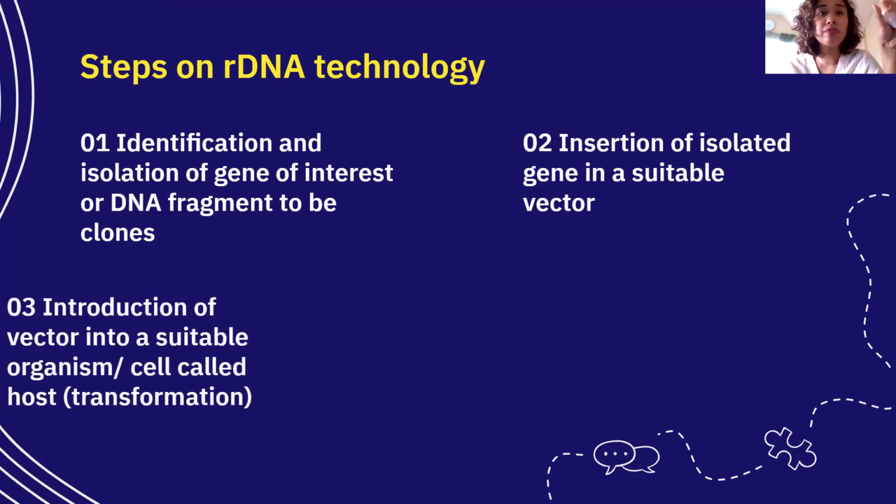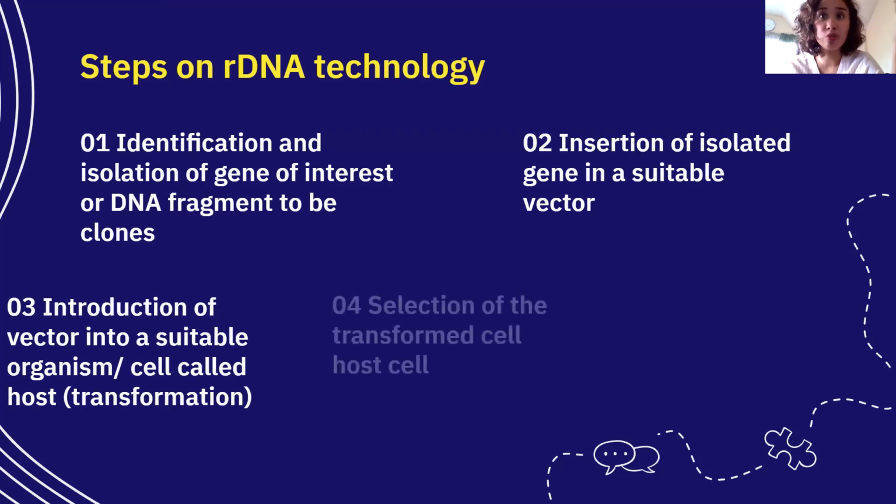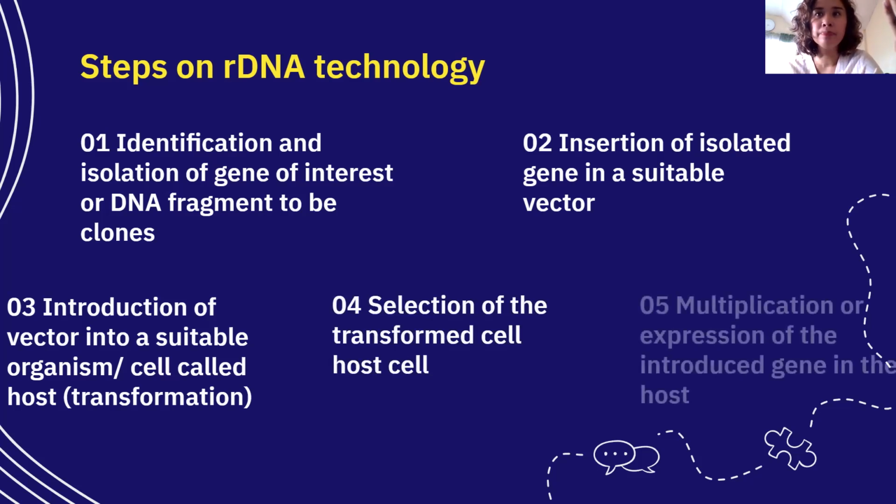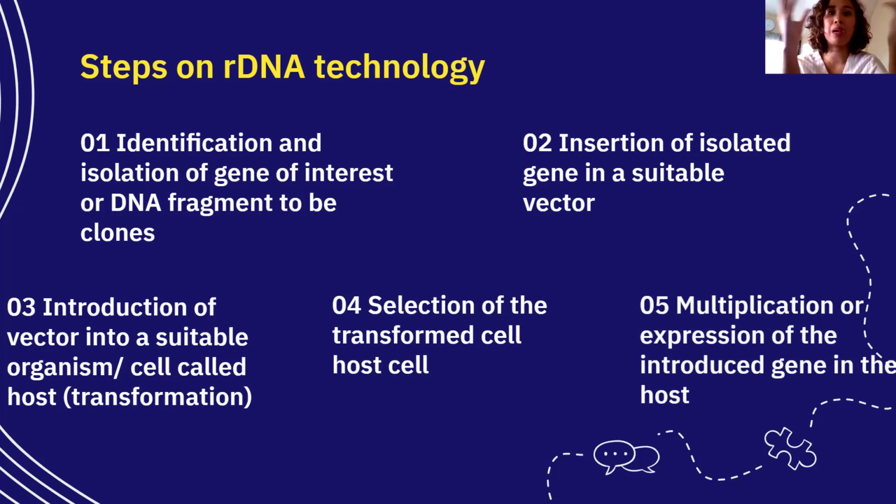Then, introduction of the vector into an organism or cell or a bacteria to transform it. Then, selection of the transformed cell. So, alin doon yung nag-express ng gene, and we need to multiply it. So kung na-insert mo na yung vector, yung plasmid, sa isang bacterial cell, we need to multiply it.